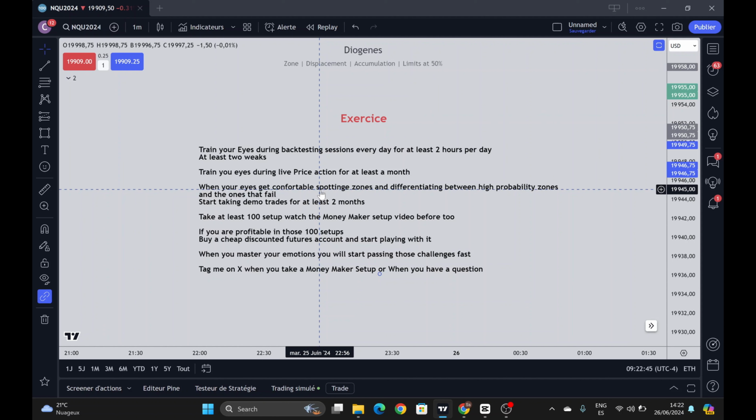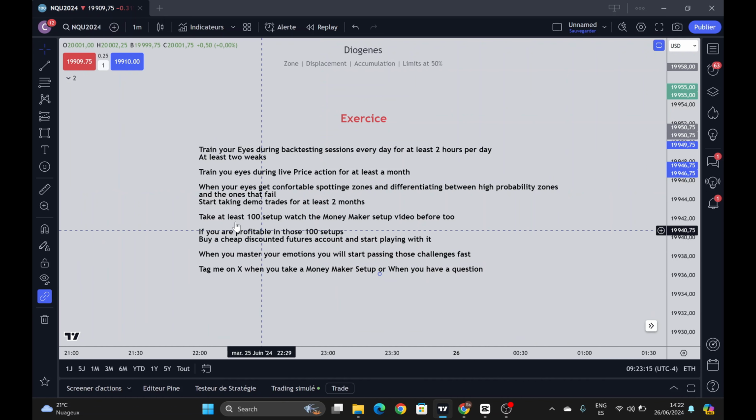I want you to write down how you felt while taking the setup, and if you were experiencing some life events, I want you to write them down. So when you have a losing day, you know what you feel and what makes you lose trades. So when you feel like that, you will avoid trading in the days after, okay?